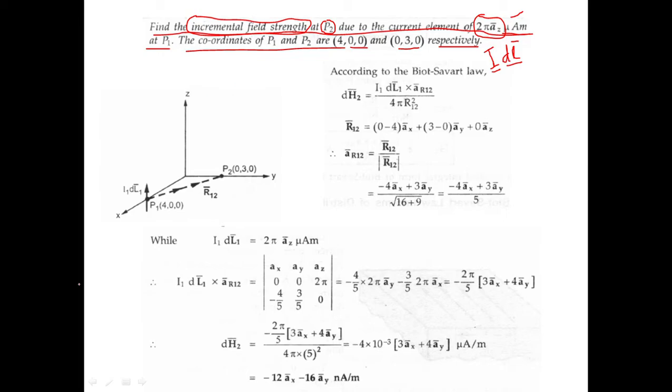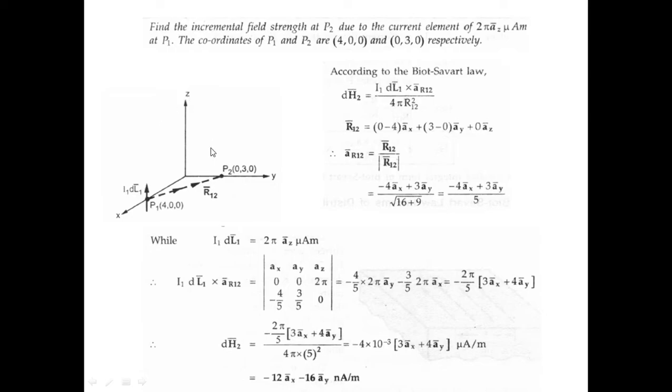Right. So now we'll see the diagram for this question. Now when you plot the 2 points in the form of a graph, this is point P1 (4,0,0) and this is point P2 (0,3,0), and this is where the current element I1 dL1 is placed.